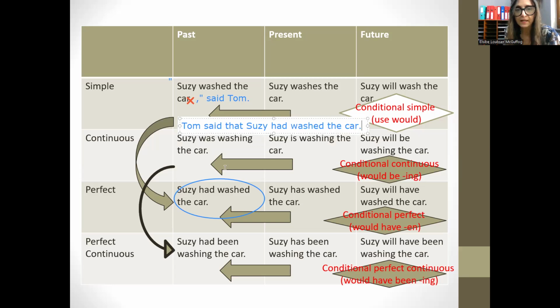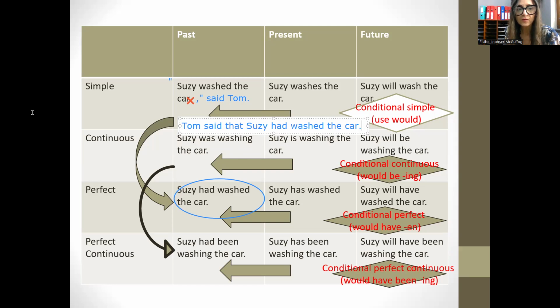Okay. If your sentence was Susie was washing the car, said Tom, then you're going to say Tom said that Susie had been washing the car. So please think clearly about these arrows.